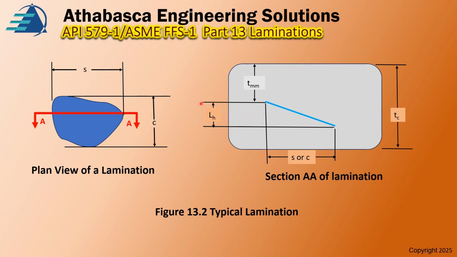But if we have some height to that, then this is what we're worried about. From the inspection report we've gathered this TM, which is the minimum height to the top. Then we've got the thickness, and then we've got our S and C values. Then we're going to put those together.